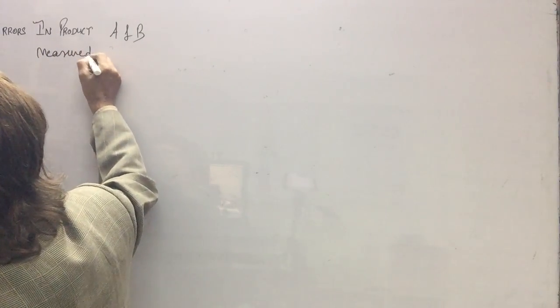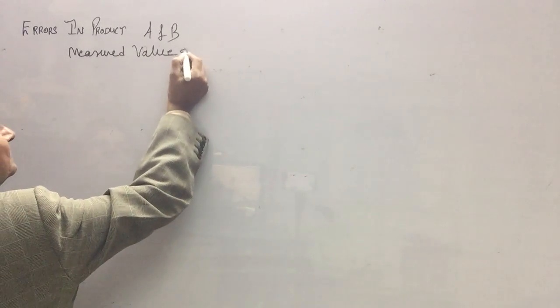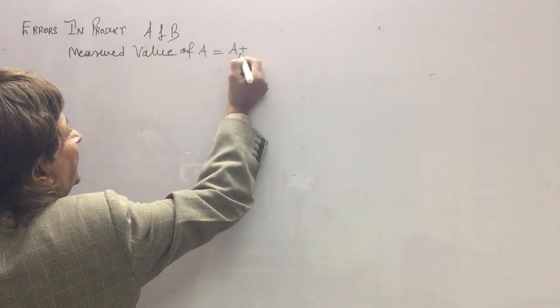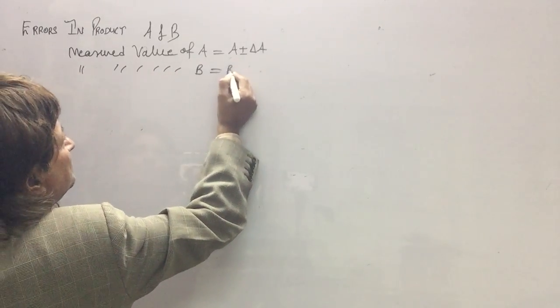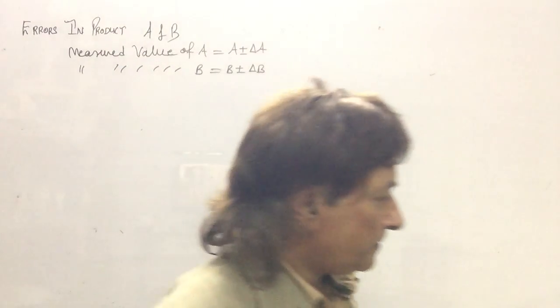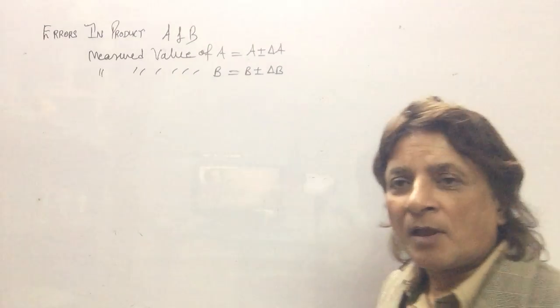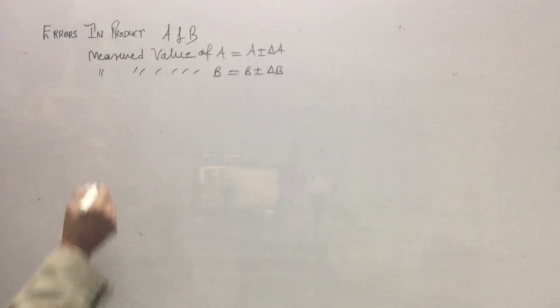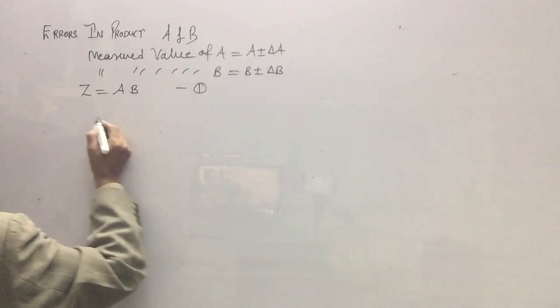Measured value of A plus minus delta A. Measured value of B plus minus delta B. Let Z denote the product. So Z is equal to AB, mark it 1.